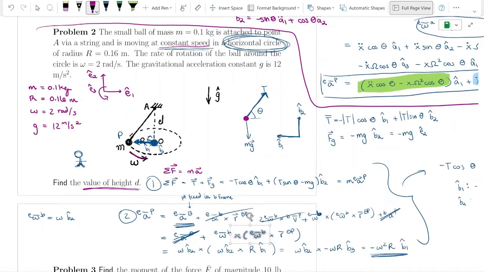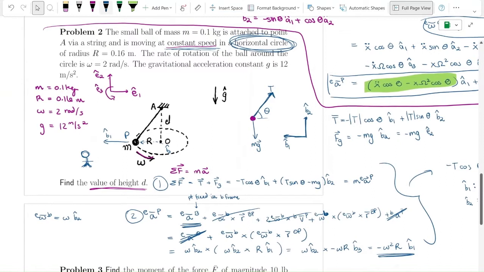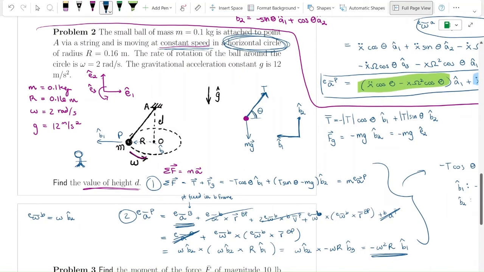So we know from this really messy drawing, which I'm going to clean up real quick. I'm going to draw B1 hat as pointing over here now, just so we can actually see the r. But r is the radius, right? To figure out what d is, we can take advantage of this theta that we've defined. We're given what r is.